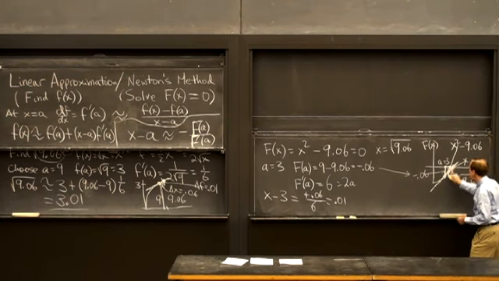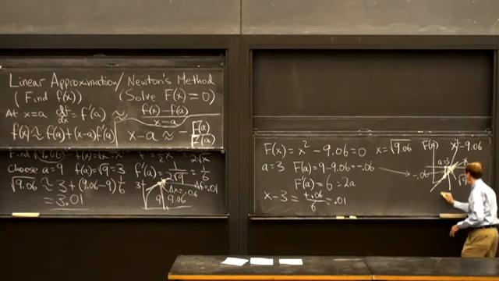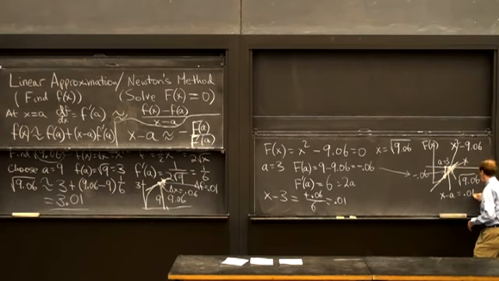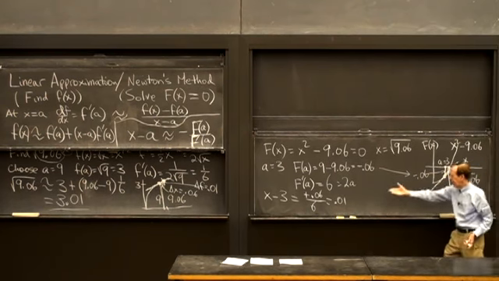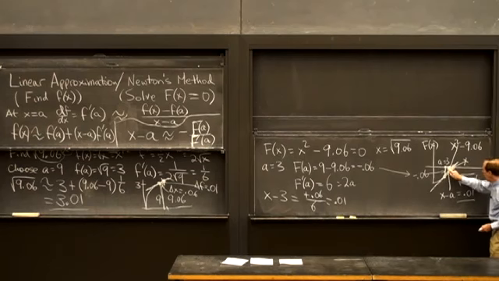This is the x minus a distance that has to be 0.01. That's what I concluded. I go across 1 if I'm going up by 6, because the slope is 6.